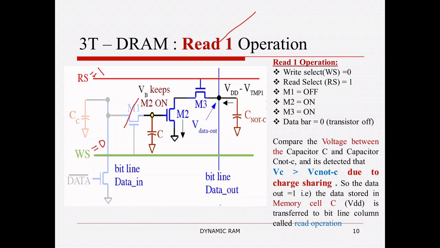So transistor M2 becomes on. Since row select equals 1, M3 becomes on. So through transistors M2 and M3, the charge available in the memory cell capacitor C reaches the bit line. So this is called a read 1 operation.